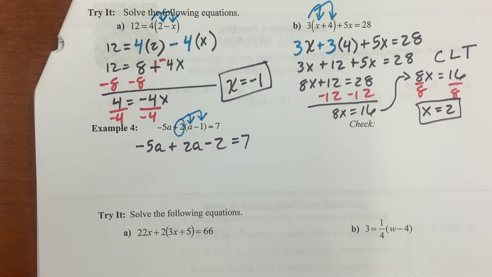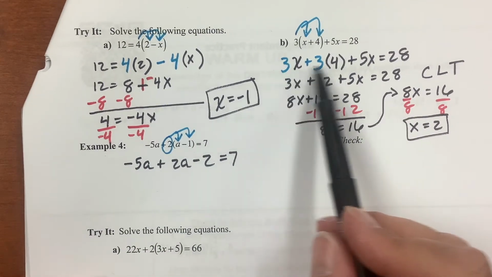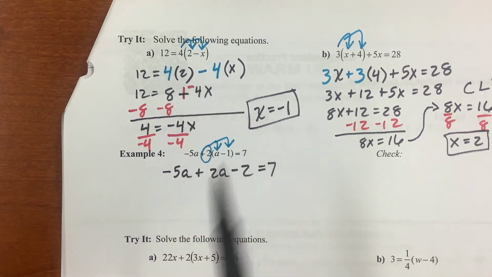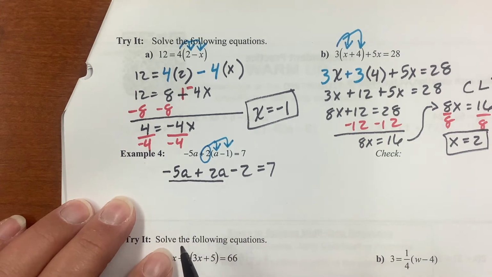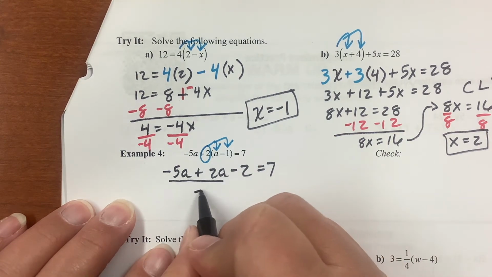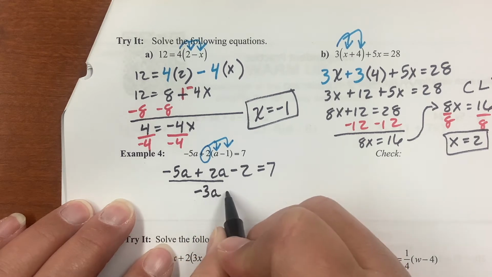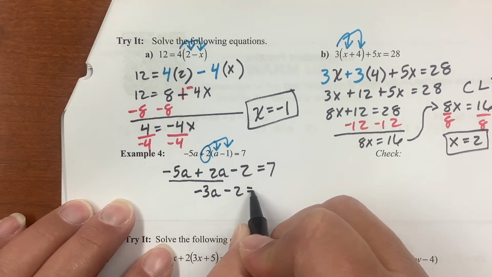Now, you're going to notice that I skipped this step where I wrote out what I was multiplying, because I can multiply 2 times 1 in my head. It's not so bad, and I need more room to work. Combine like terms, negative 5 plus 2, negative 3a minus 2 equals 7.